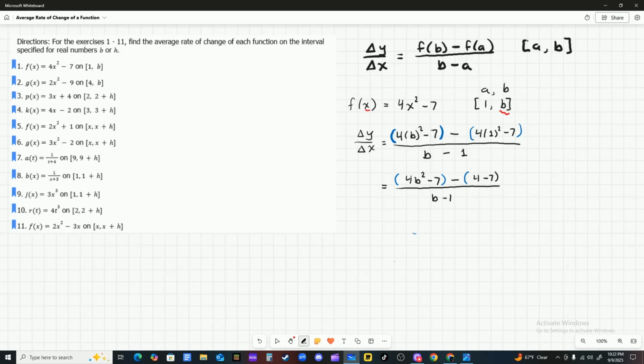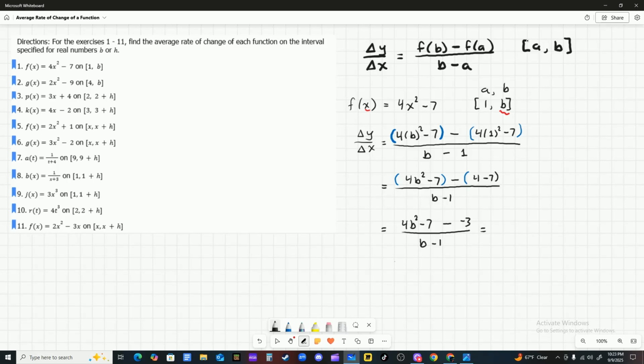All of this is still the change in y over the change in x. Let's keep reducing it further. We can't do anything to 4b squared minus 7, so we keep it as is, minus 4 minus 7, which is negative 3, divided by b minus 1.